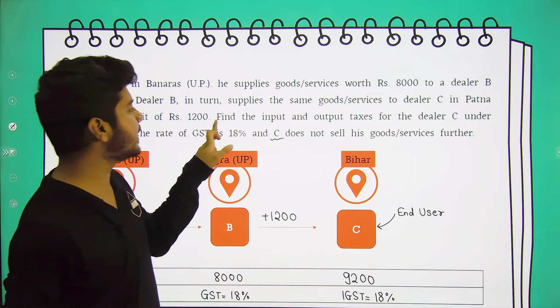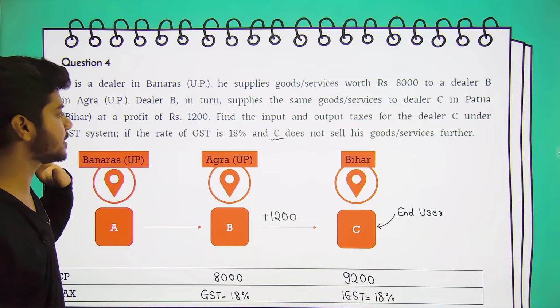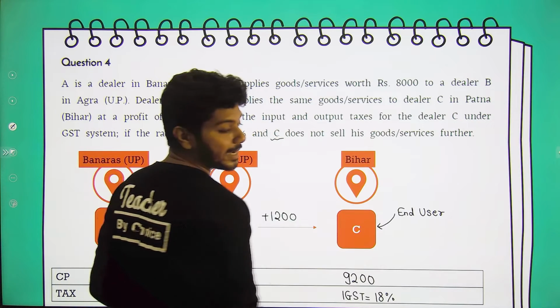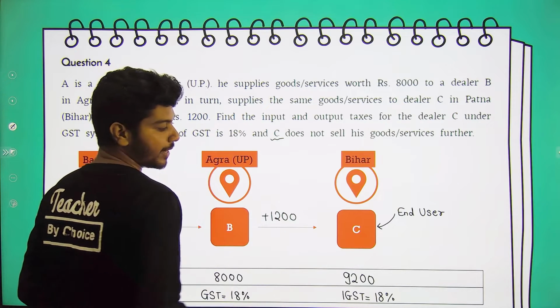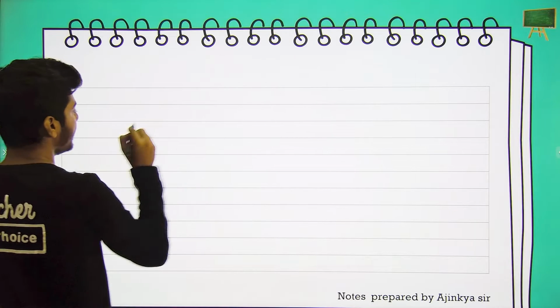Now find the input and output tax for the dealer C under the GST system. Okay, now see, as C is not selling this product to anyone, output tax for C will be 0.